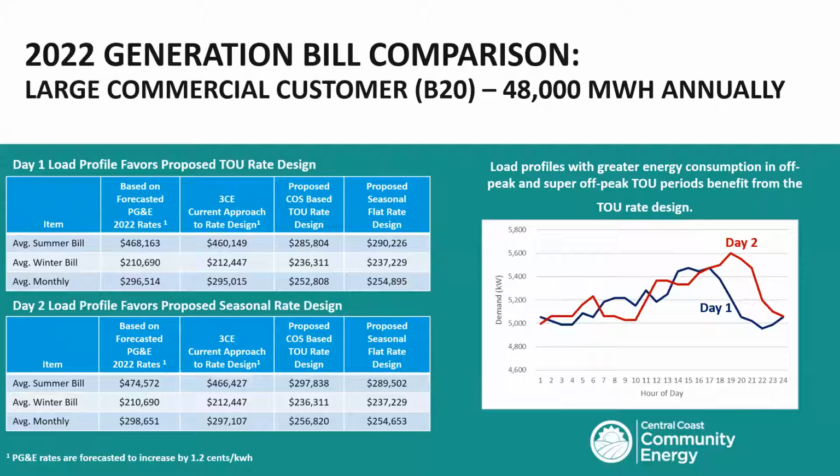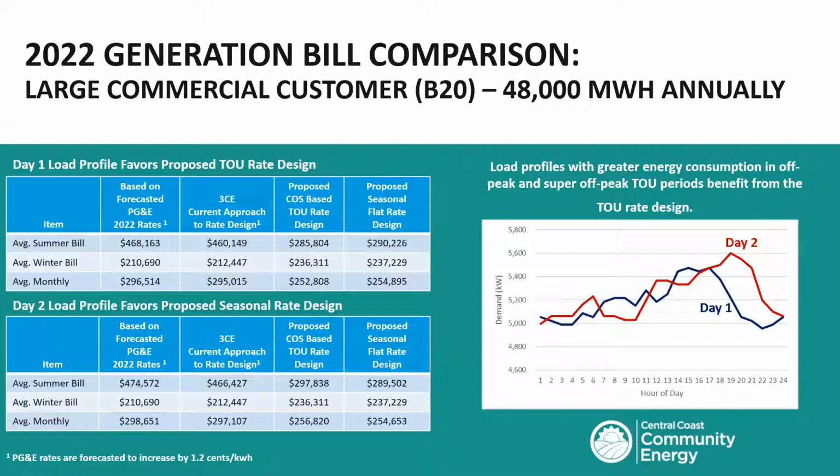Now we're talking about hundreds of thousands of dollars, and this may represent what some of you, or your customers, are seeing in your bills. But we're doing a similar type of analysis. We're looking at this load profile where on day 1 the load comes up and then drops off significantly towards the end of the day.